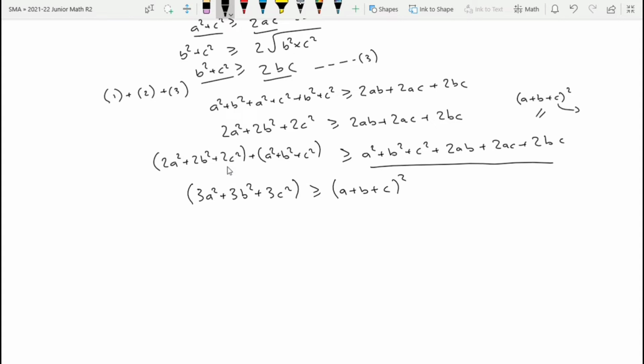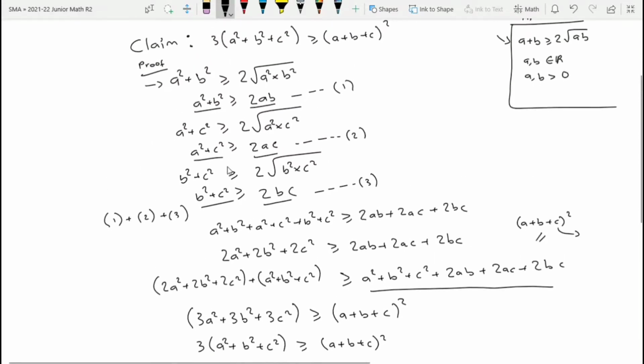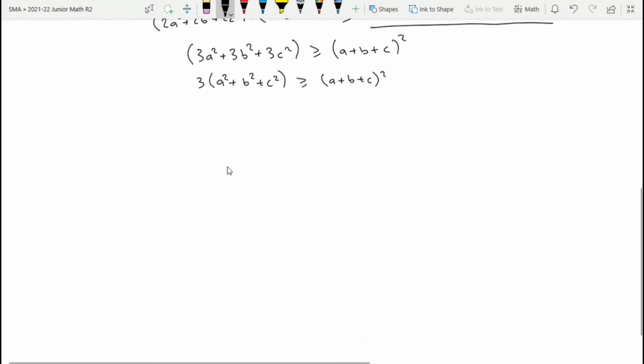When we factorize the left hand side, we have 3 into a squared plus b squared plus c squared is greater than or equal to a plus b plus c squared. And this is what we wanted to prove in the claim. Then we're going to make use of this in the question we're solving.